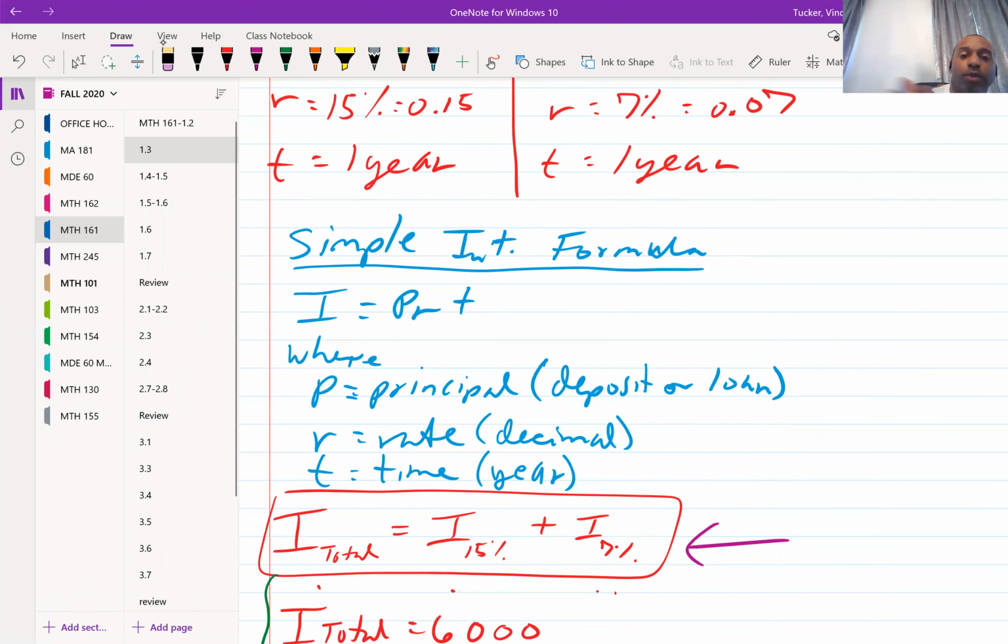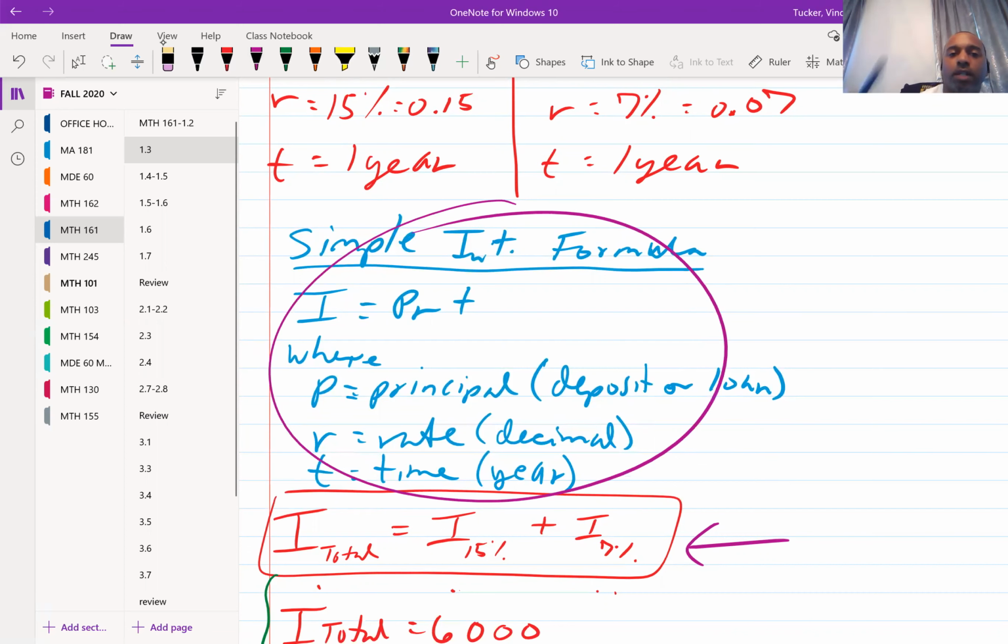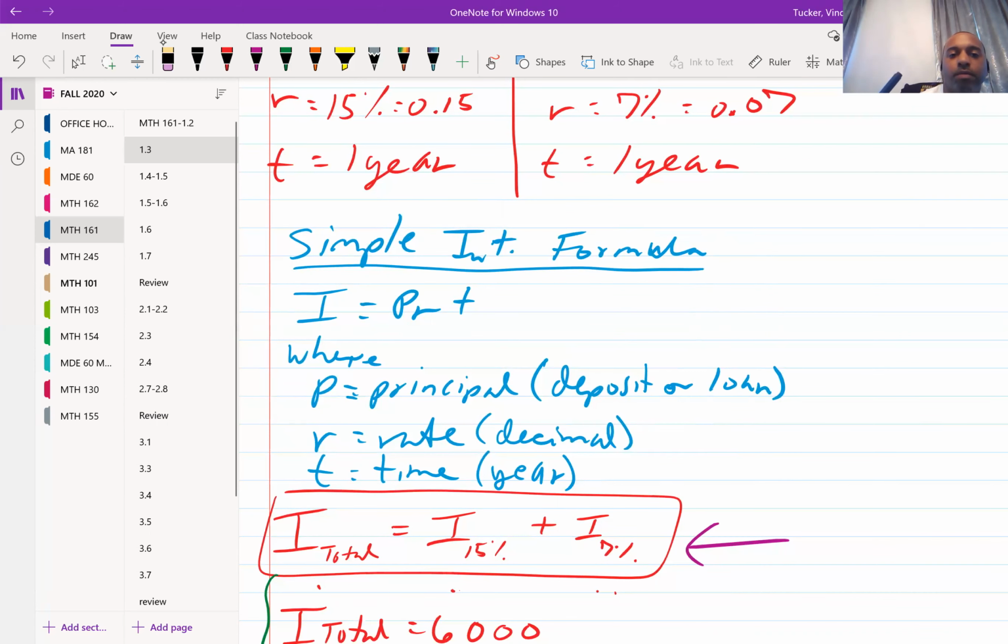Before you look at anything in red, we're looking at this blue part here. We need to figure out all 3 pieces for each account. How much we're going to deposit, which is our principal. We know the rate, and then we have to look at how much time we're looking to put into this account. Okay, so copy this blue part first, and then we'll scroll back up to the red.